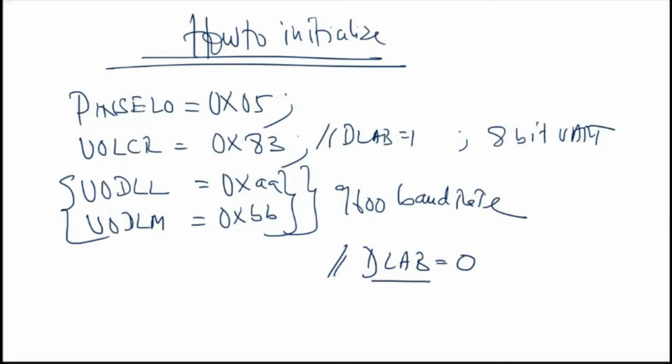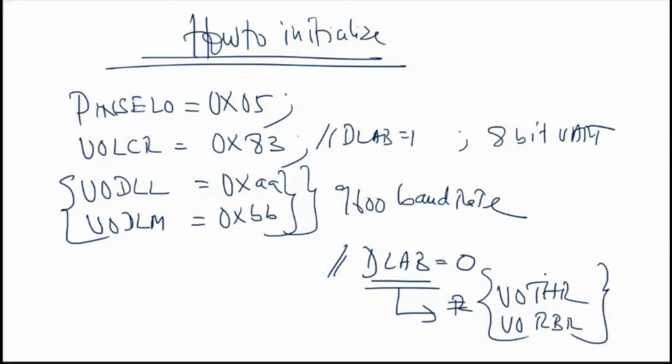Otherwise, you cannot access the UART0 transmit holding register and UART0 receive buffer register. These are the two important registers, one used for transmitting and the other for reception, and you will not be able to access them with DLAB bit equal to 1. So we have to clear that DLAB bit so that we use those two registers for actual transmission and reception.